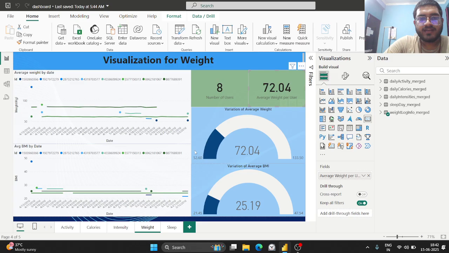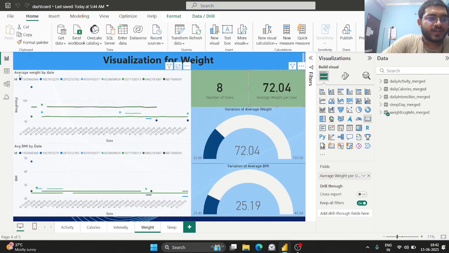The minimum we had was 52.60 kgs, and the maximum was 133 kgs. And for the variation of average BMI, the minimum was 21.45, the max was 47.54, and the average we found was 25.19, and the average is already overweight.